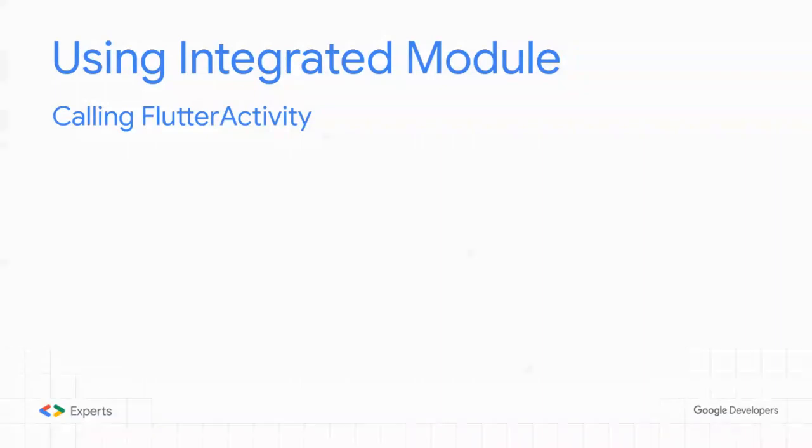So let's see the first way of doing it. The first way is pretty straightforward: FlutterActivity.createDefaultIntent, with this as our context. Create default intent will create our default intent to open the current Flutter activity that we have in our module.